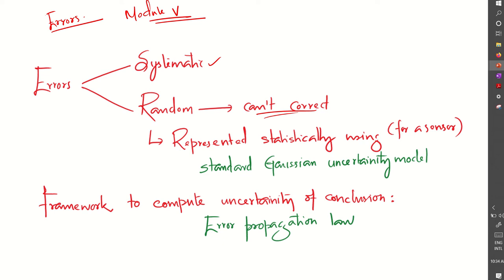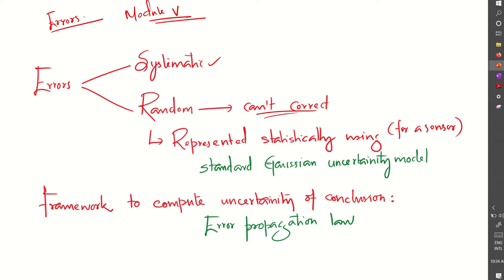But we cannot simply leave that random error, right? So in order to handle that random error, we are going to use some statistical tool. By using this statistical tool, we will design some error model. Suppose you are using a sensor, and there is a random error in the sensor reading.